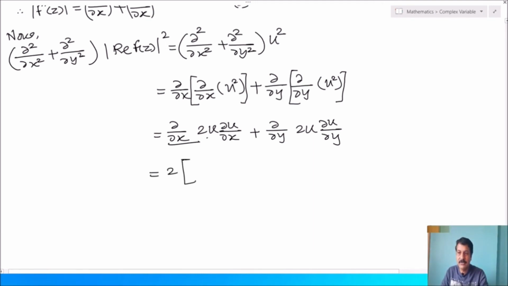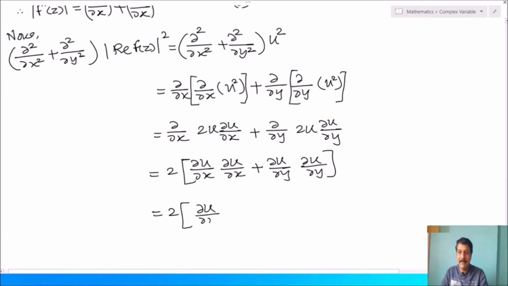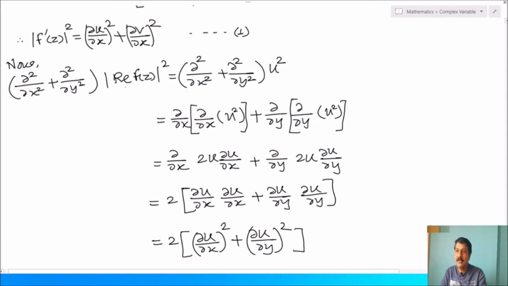What about this? It is ∂u/∂x into ∂u/∂x plus ∂u/∂y into ∂u/∂y. So the same thing I can write as 2 times ∂u/∂x whole square plus ∂u/∂y whole square. So from equation 1, ∂u/∂x whole square plus ∂v/∂x whole square is equal to mod of f dash of z whole square.